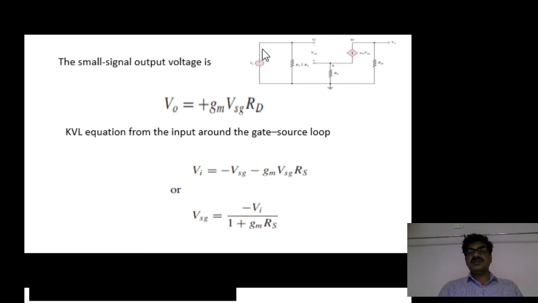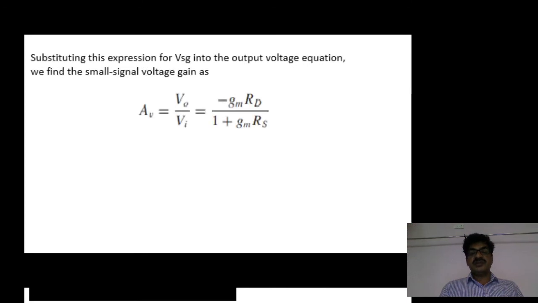That is, VI is 0. So when VI is 0, VGS becomes 0. Hence, the dependent current source value is 0, meaning it acts as an open circuit. Therefore, R0 is equal to just RD. These two are similar to what we derived in the common source amplifier without source resistor. Note down those two also.